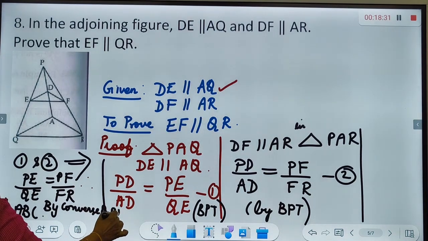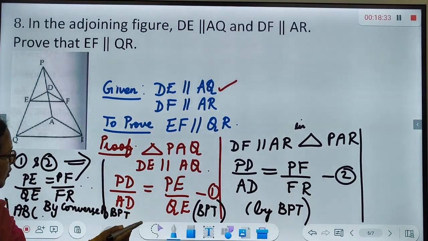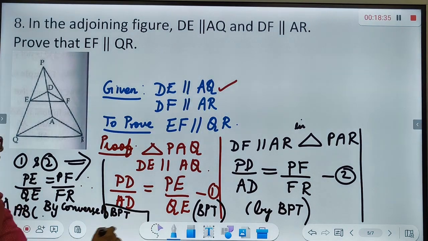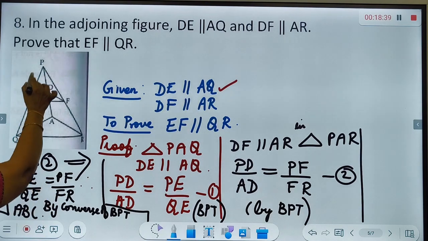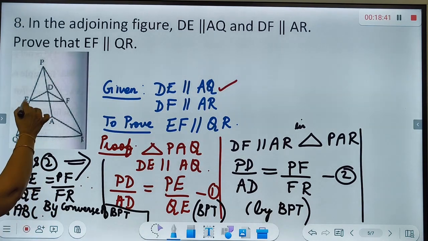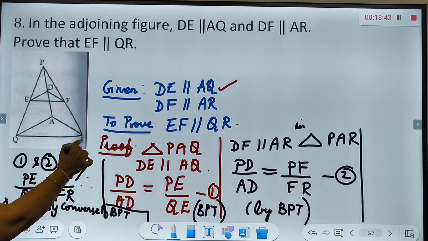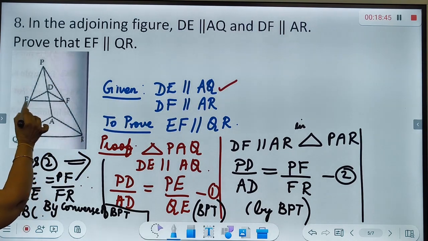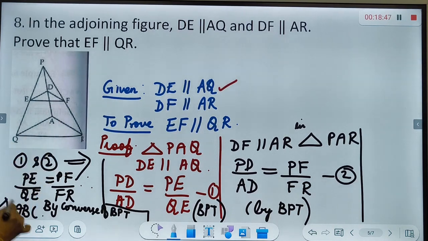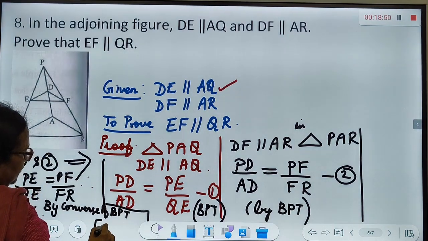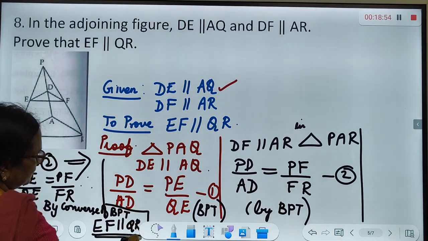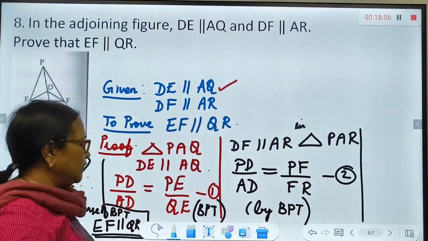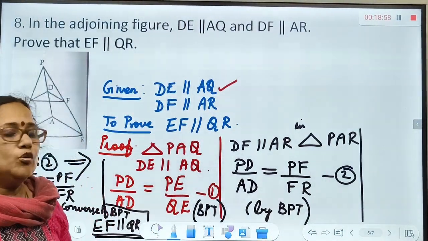By converse of BPT, what will you get? You have PE by QE is equal to PF by FR. Therefore, this line EF has to be parallel to QR.